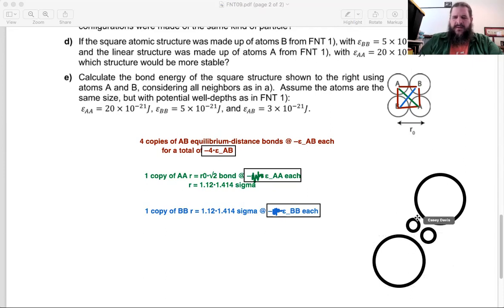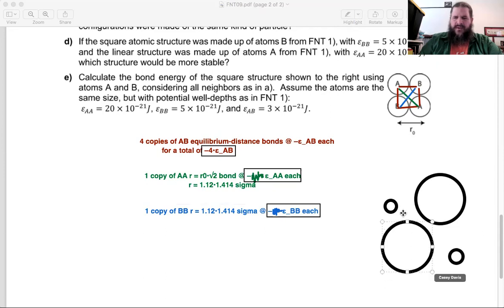Whereas if the BB bond is stronger and the AA bond is weaker, then the B atoms would get attracted close to each other and the A atoms would be pushed further out by that. So it might look like this instead. So in that case, you really would need to know more information. It's not just going to form a nice, neat square. Any other questions on that?